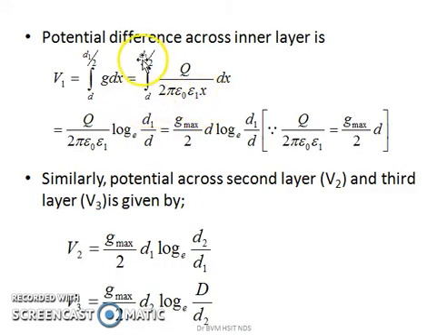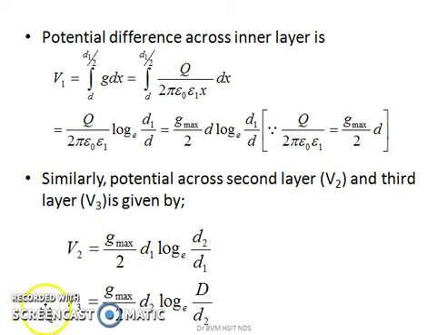Integrating, this is equal to Q divided by 2 pi epsilon naught epsilon 1 natural log of D1 by d, which is equal to G max by 2 into d natural log of D1 by d. Why? Because Q by 2 pi epsilon naught epsilon 1 is equal to G max by 2 into d. This is what we have seen, right?